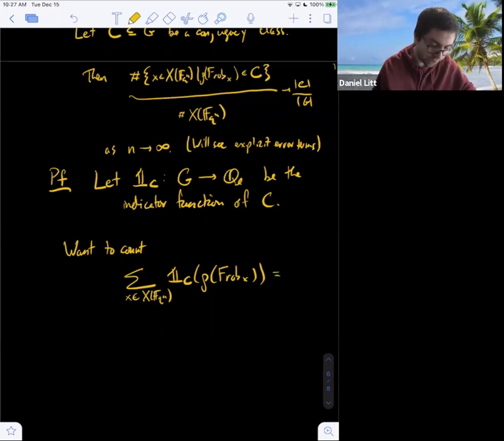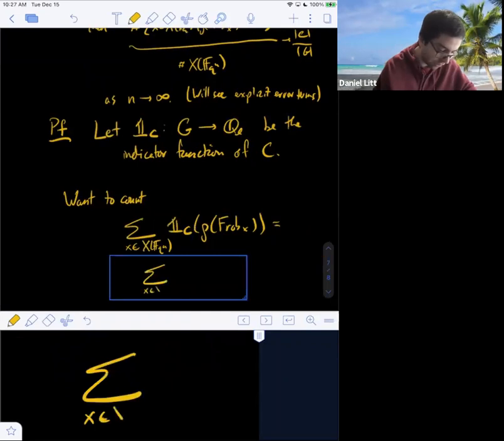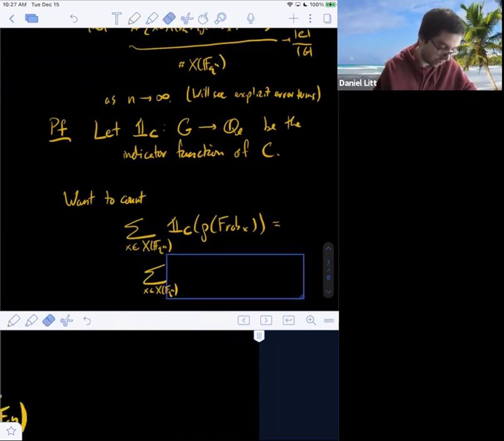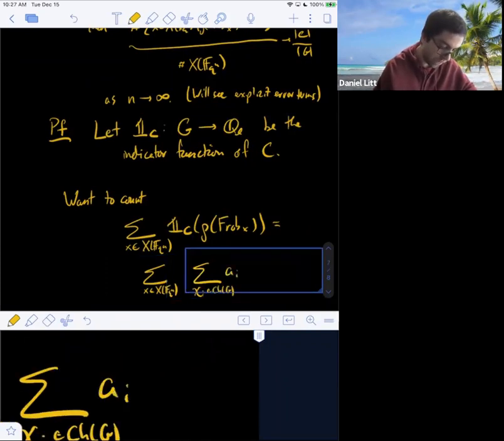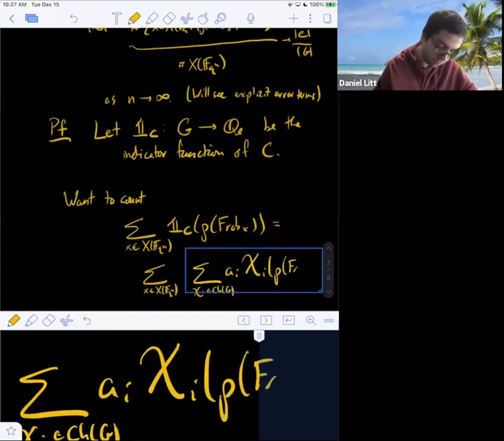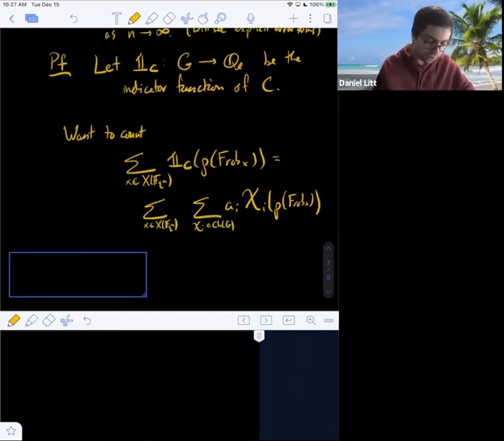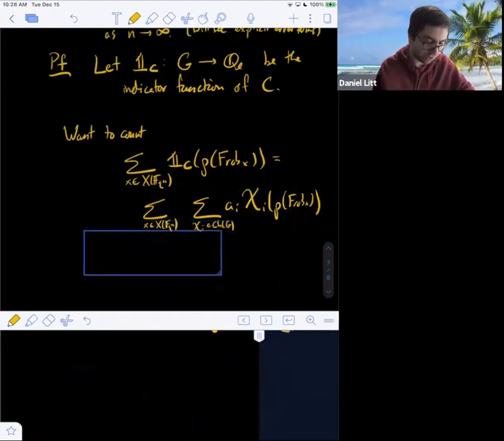So we want to write this as the sum over X in X(F_q^n) of the sum over chi I, a character of G, of some a_I times chi I of rho Frob X. We'll do that first, and then we'll rewrite this in terms of sheaves.